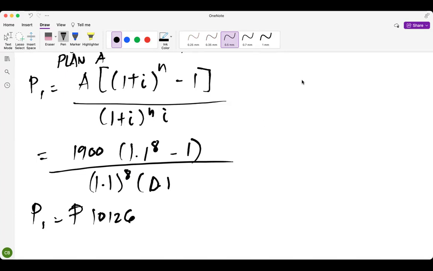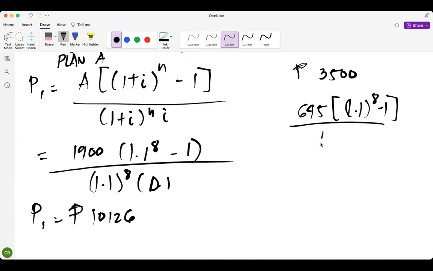So you have your expenses. For plan A, you have 3,500 for the initial investment. Then you have the 645 pesos disbursement amount. So you have 645 multiplied by 1.1 raised to 8 minus 1 all over 1.1 raised to 8 multiplied by 0.1.